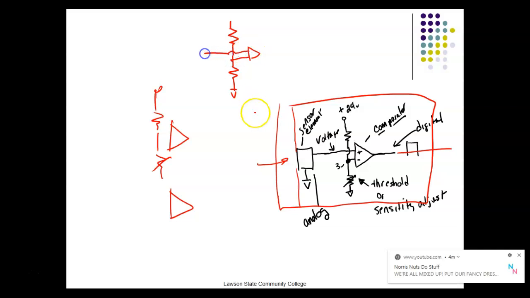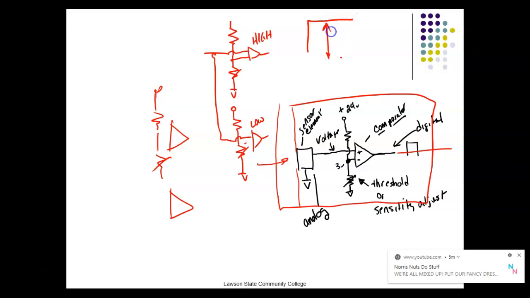And this would go back to the sensor, and then it would go down here to another set. So we'd have 2 adjustments on these, and then it would also come down and come into this guy. So what we could do is set a low, and set a high. What would happen is the output would be high during a certain range, so we could actually set the range.